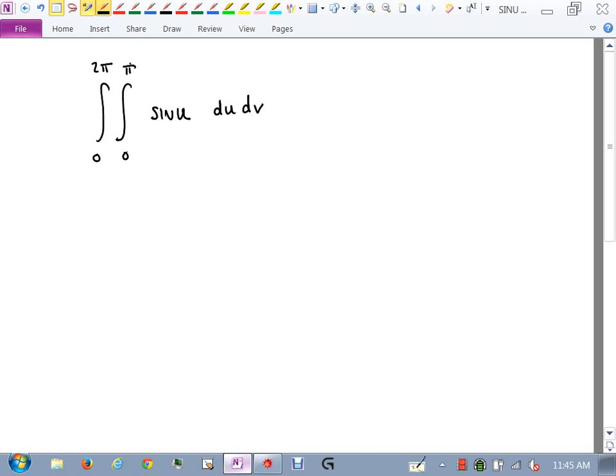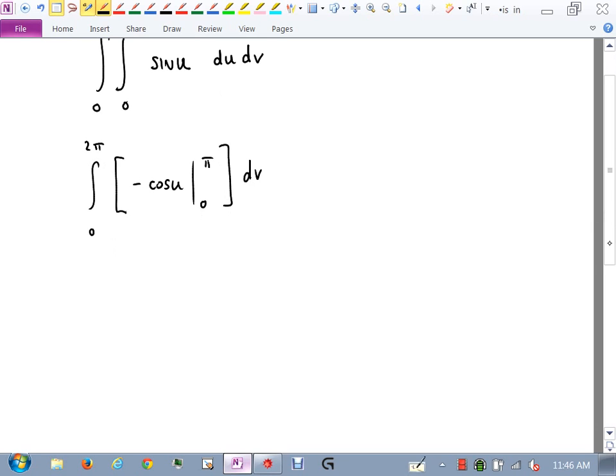And that should be a pretty simple antiderivative, right? Do the inner one, what's the antiderivative of sine u? Negative cosine u, evaluated at 0 and pi. When we evaluate cosine u at pi, we get -1, but then it's negative, so that's 1.